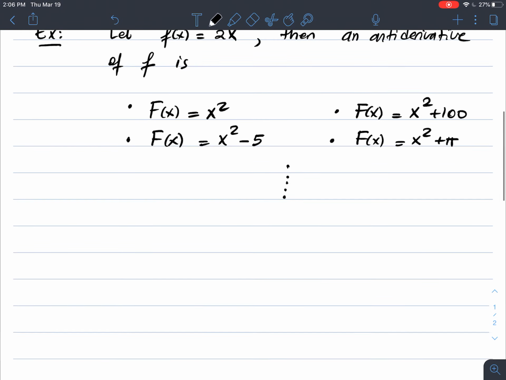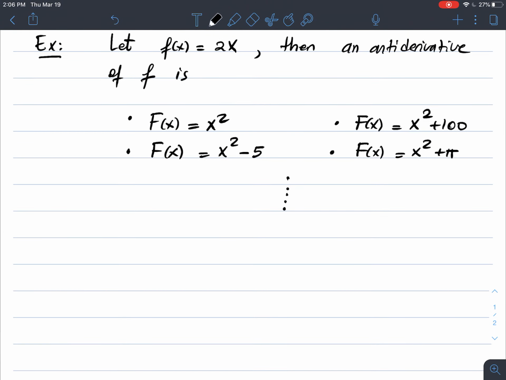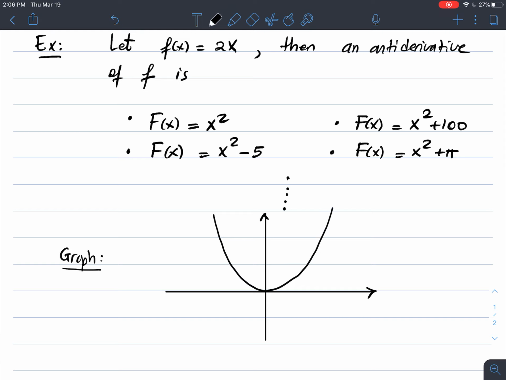All right, so if you draw all of these antiderivatives on a graph, you have the following. Here is the function y is equal to x squared, the first antiderivative.